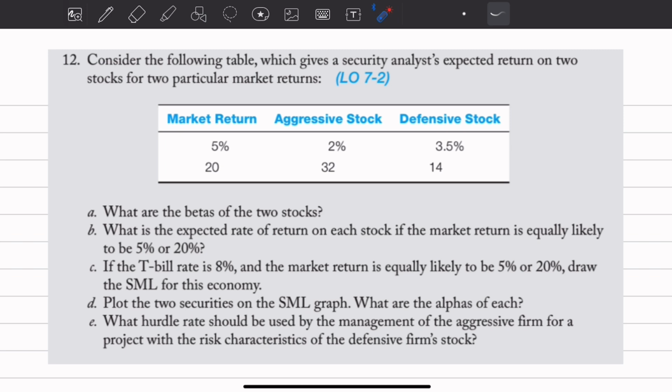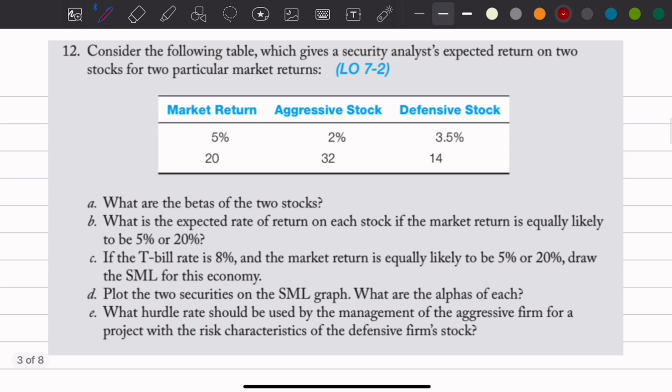And since we have two data points for each of these stocks, we can calculate the betas, being the change in the stock return for both cases, for the aggressive stock and the defensive stock, per unit change in the market return. And how are we going to do that?